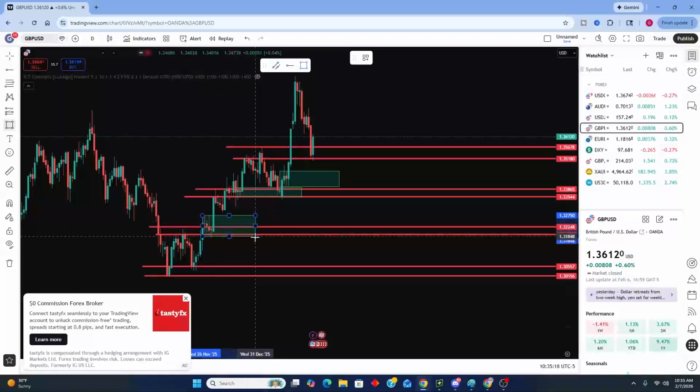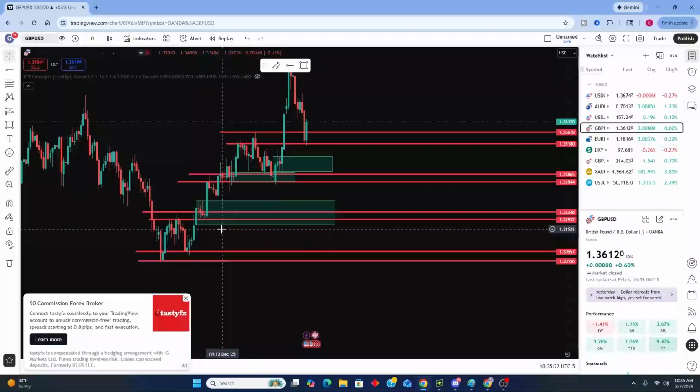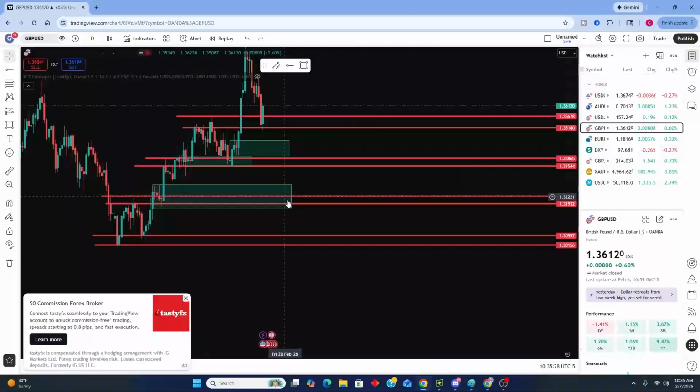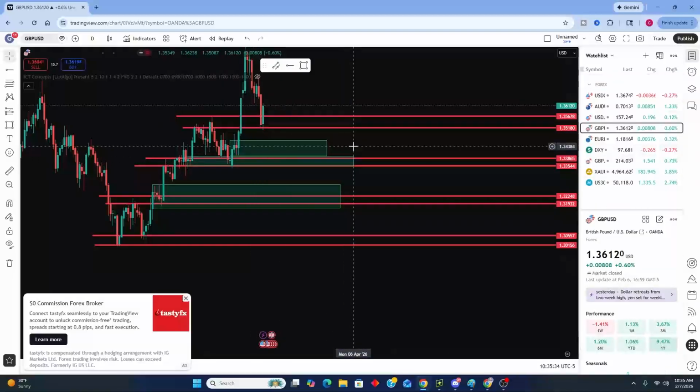Is it this 2 or is it 1? I'll put the 2. Right here. Feel me? All of these are zones price could come back to or have come back to, then tap in, fill the gap, fly up.